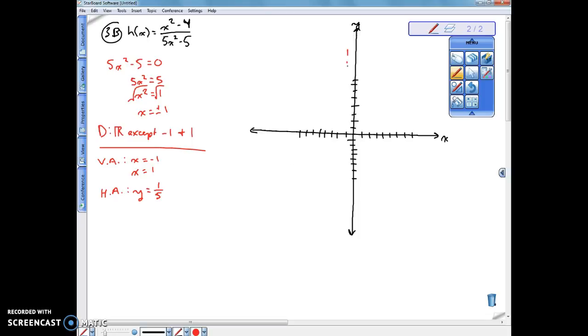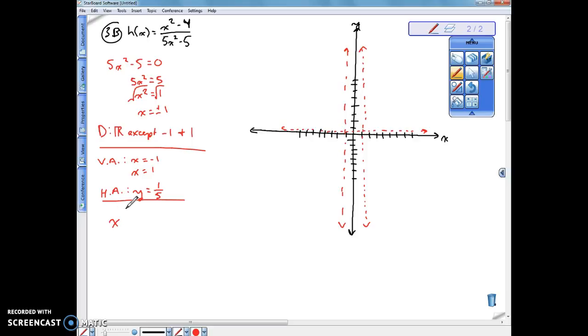So if we plot all those points, we end up with something very skinny in the middle of this graph. But again, this is going to be really close, but not quite on the x-axis.